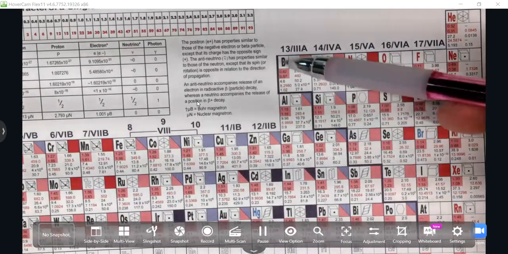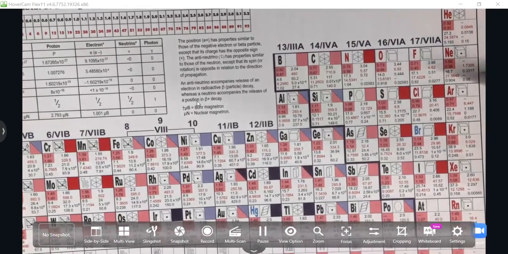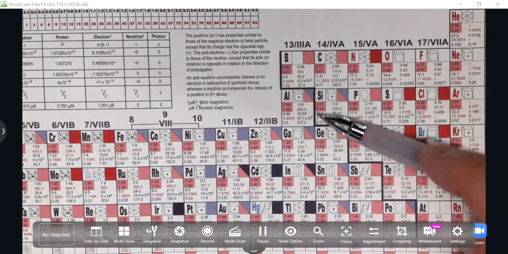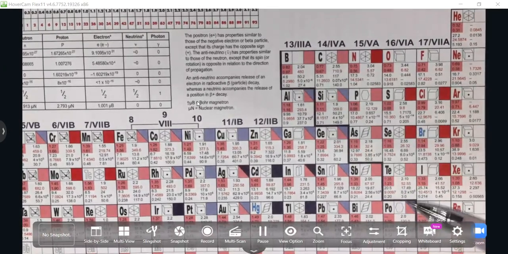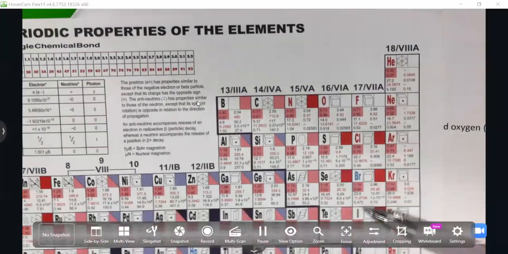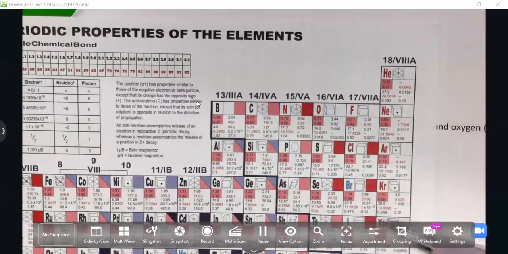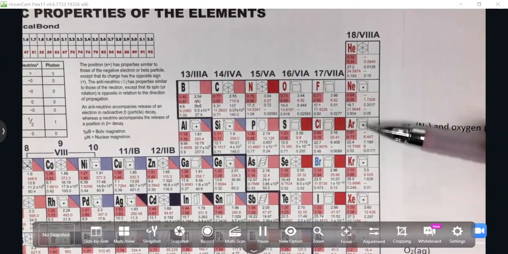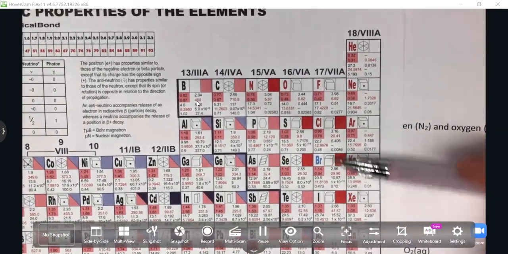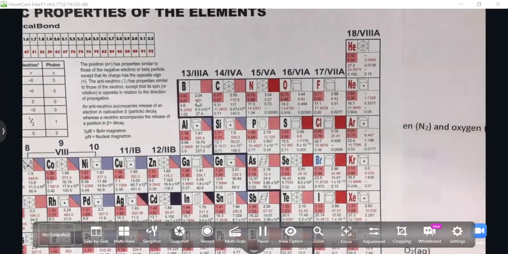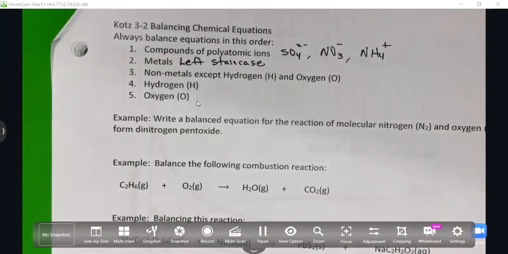So to the left of this bold staircase line, we have our metals over here. We know we have non-metals over here, but we are not going to have compounds with the noble gases. So your non-metals are going to be in this area right here. Okay.